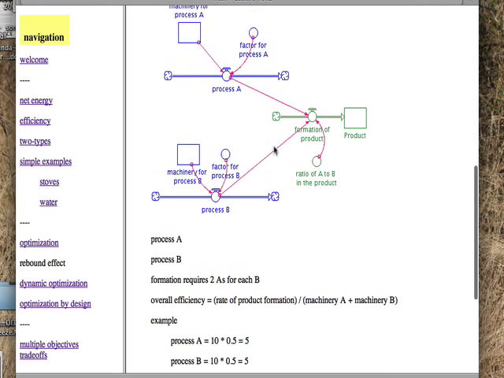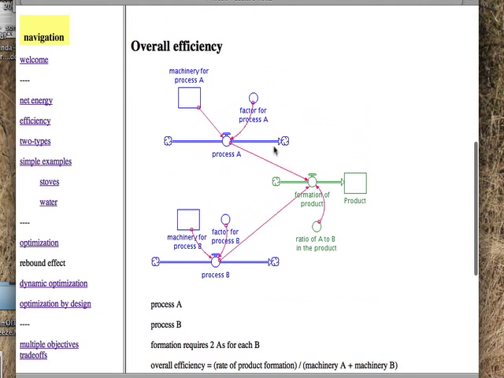But let me just say, what if we need a 2-to-1 ratio of A to B? We need twice as much of this as we have of this. But we have the same amount of machinery and they have the same factor for processing. So let's just imagine we have 10 units of this and the factor for process A is 0.5, and so we get 5 units per time.